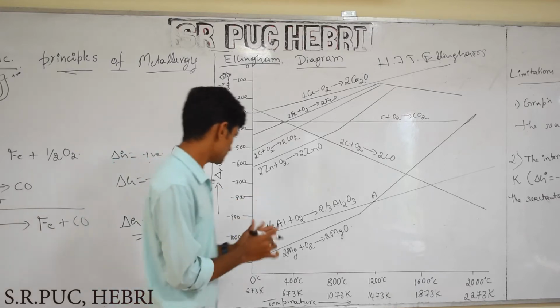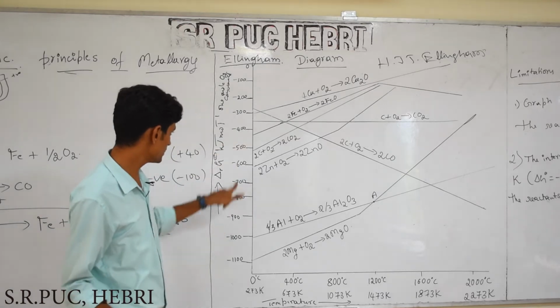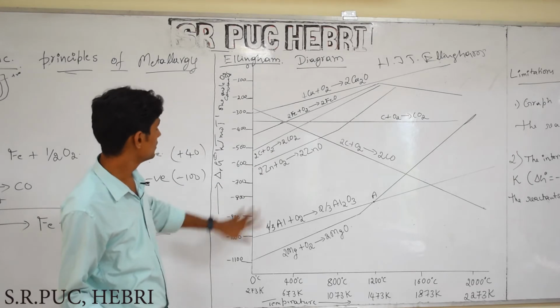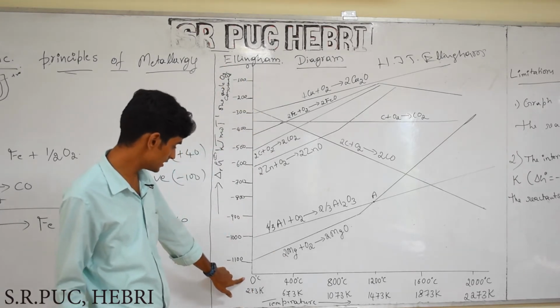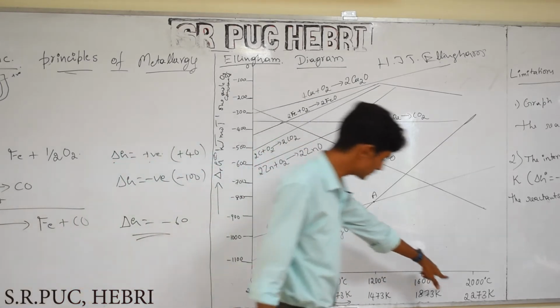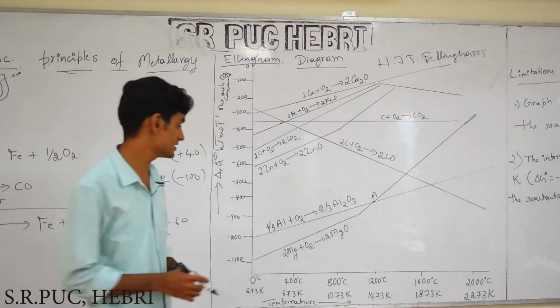Now here these are the delta G values, minus 1100, 1900, like this. Then you will get 0 at the end. The temperature here goes from 0 degree Celsius or 273 Kelvin up to 2273 Kelvin or 2000 degree Celsius.